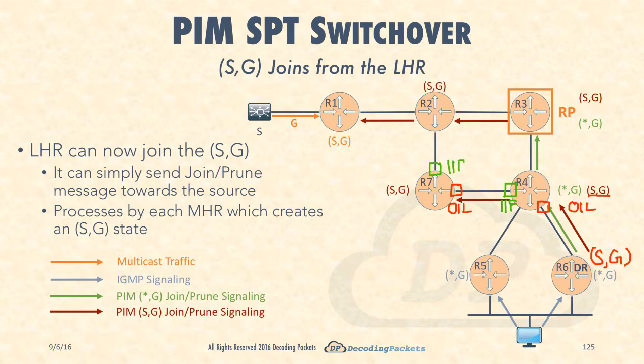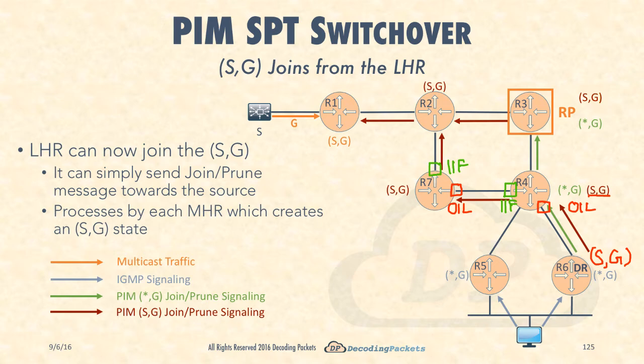And this interface then becomes the IIF. And once all of that information for the tree is complete, R7 will send an S,G join over to R2.